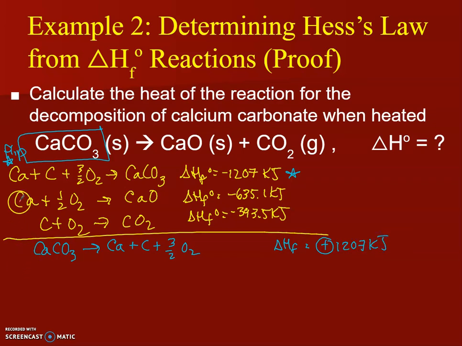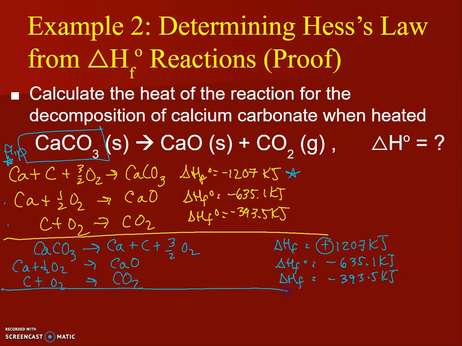I'm going to leave these two equations exactly the way that they are. Ca plus 1 half O2 makes CaO, and I'm going to leave my delta H exactly the way that it is. And C plus O2 makes CO2, and I leave that one the way that it is also.